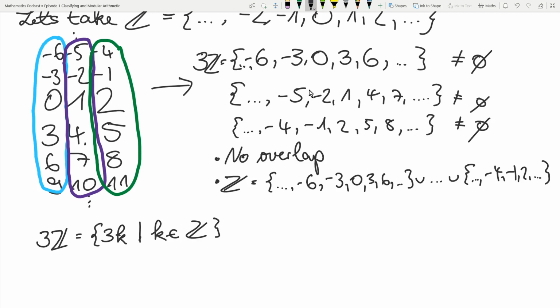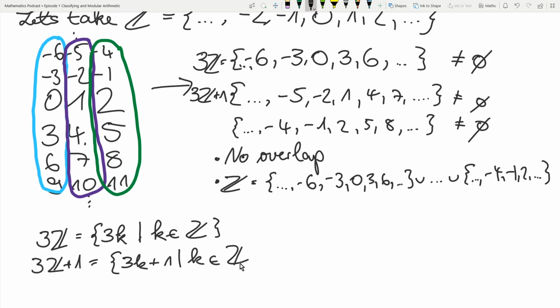And this can be represented as a multiple of 3 plus 1. And I think you can already guess what the last one is going to look like. The last one can be represented as a multiple of 3 plus 2.